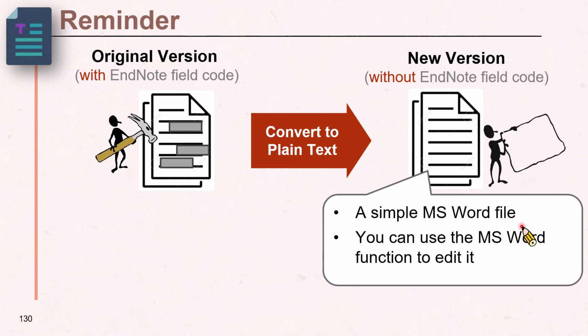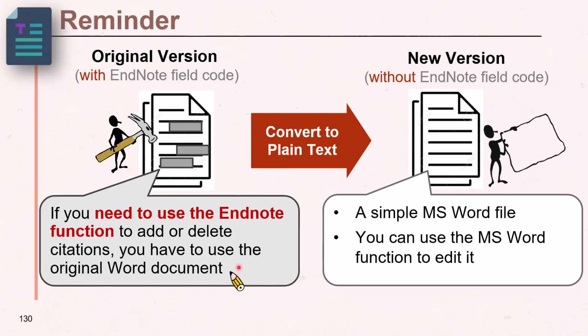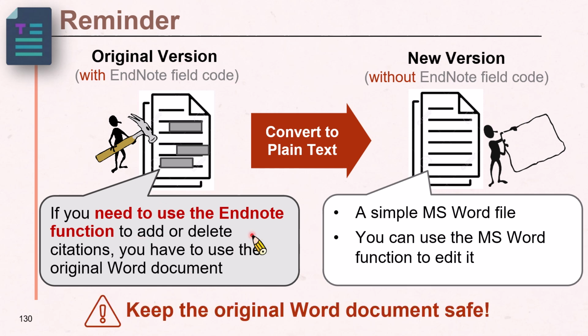You can safely edit, delete, or send this file to others just like a normal document. However, if you need to add, delete, or reformat citation, you must return to your original document. Therefore, always keep a safe copy of your original Word document in case you need to make future edits.